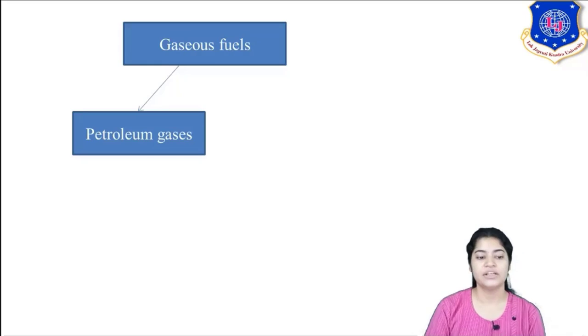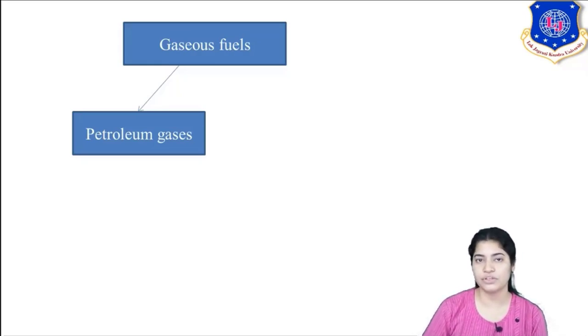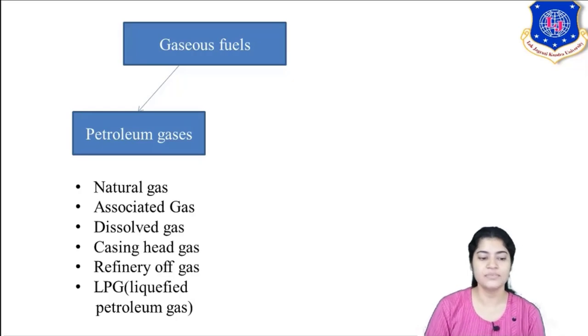In the exam also, if they want to ask about the gaseous fuels category-wise, the question would be like, explain about the naturally available petroleum gases. So you have to describe these gases. What are the gases involved here? Natural gas, associated gas, dissolved gas, casing head gas, refinery off gas, LPG, etc.